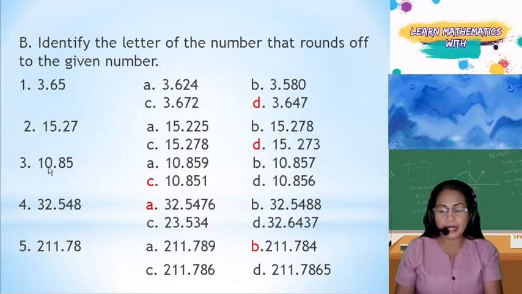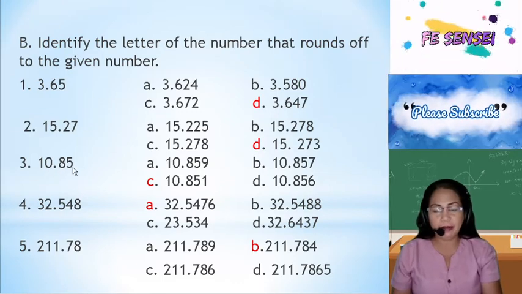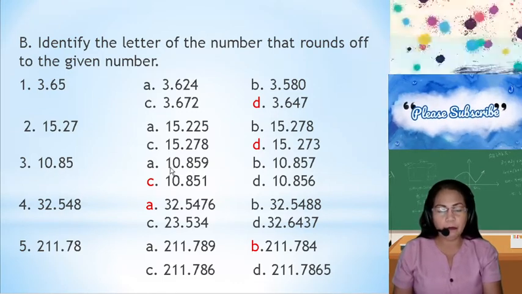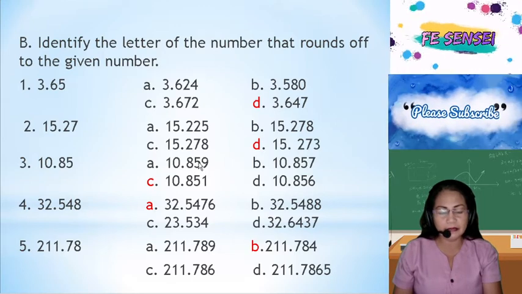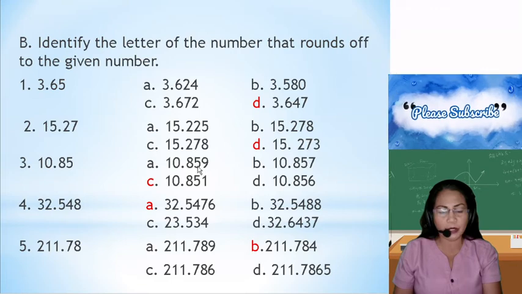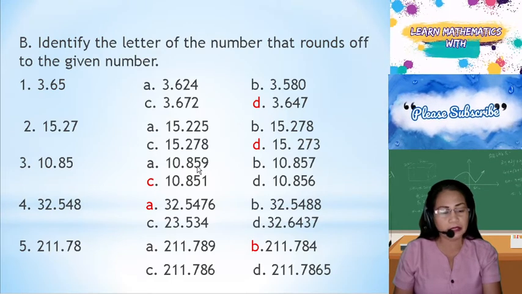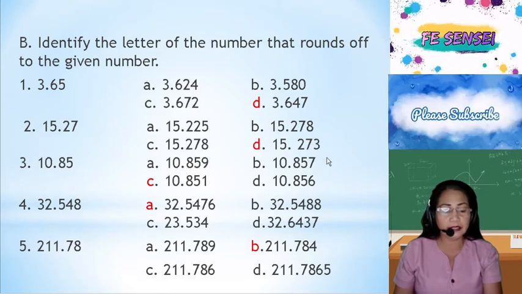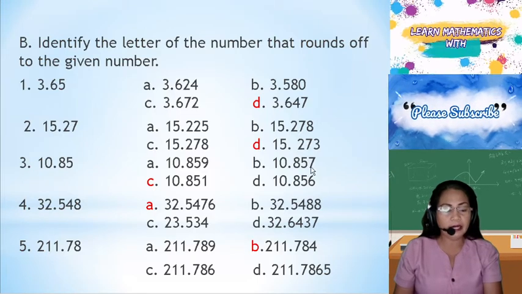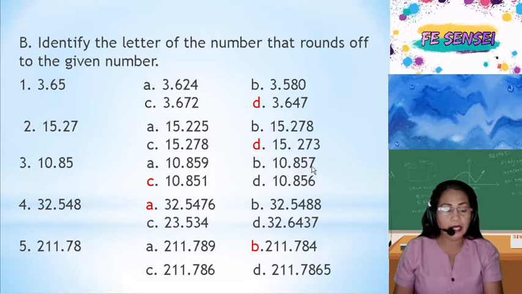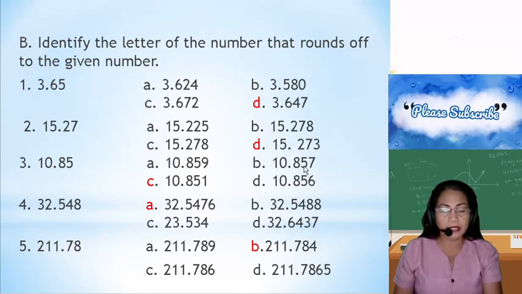For number 3, 10 and 85 hundredths. So for letter A, 8, 5, 9. So this is 5, this is 9. So if we're going to add 1, this becomes 6. So that's not the answer. Here, this is 5 and the number in the thousandths place is 7. If we're going to add 1, this becomes 6.